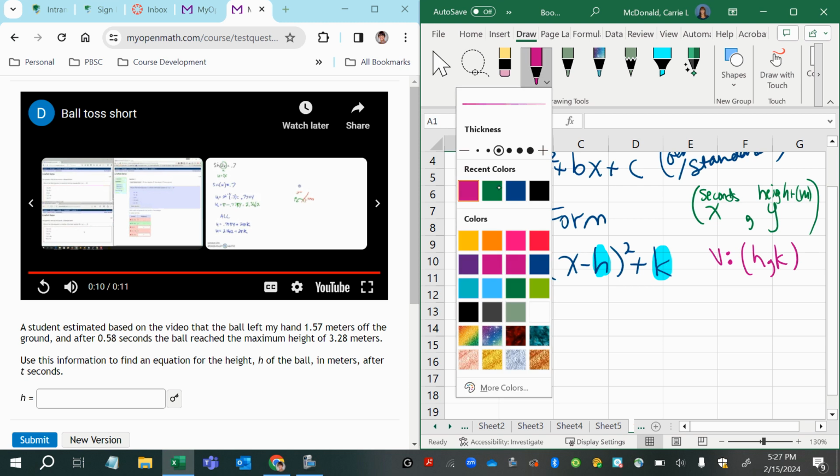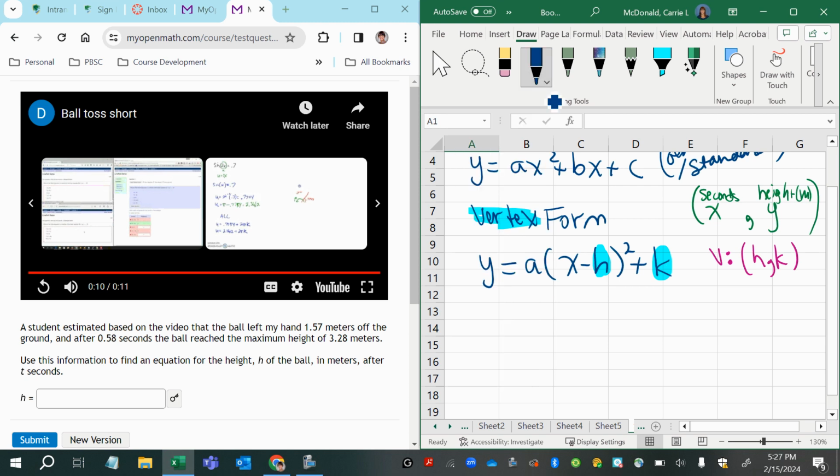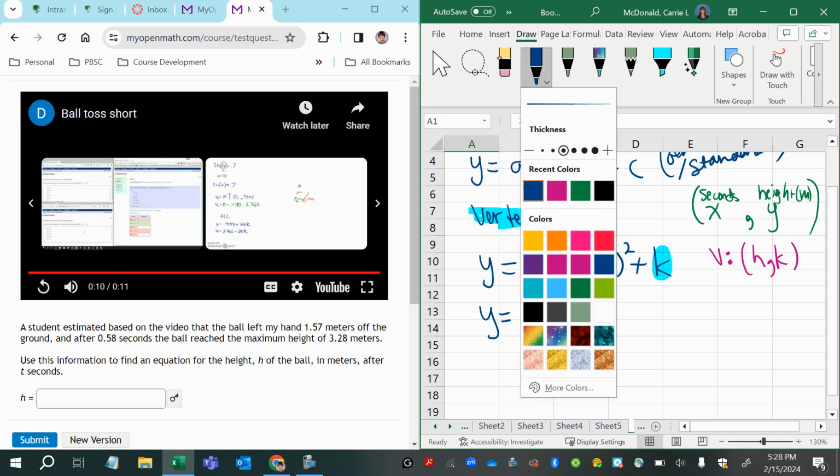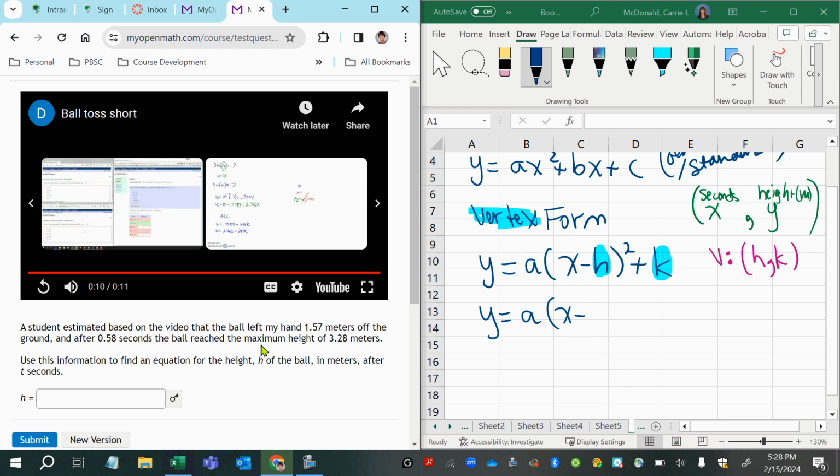So we're going to replace those in this vertex form. So we have y equals a times open parentheses, then x minus, and now we will substitute the h given in the problem, right? So the h, the height, or no, I'm sorry, the seconds.